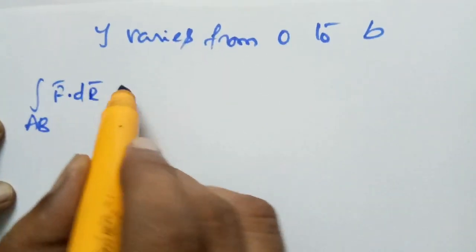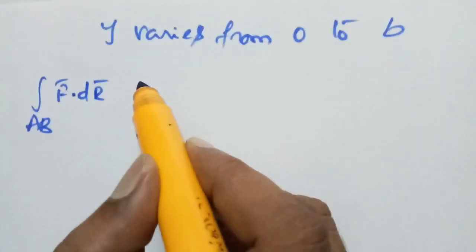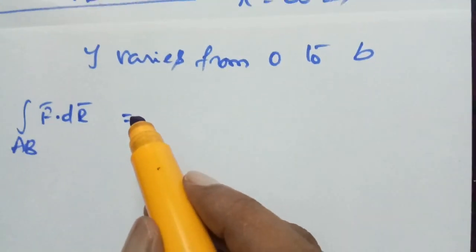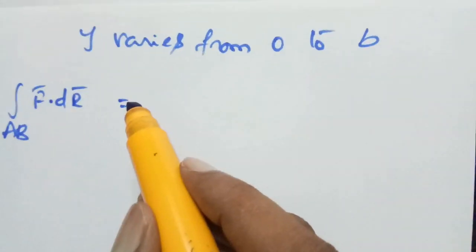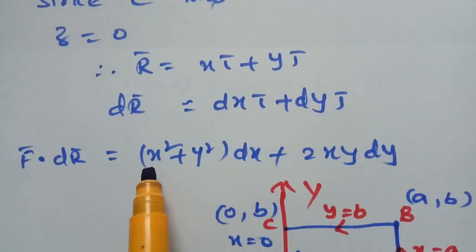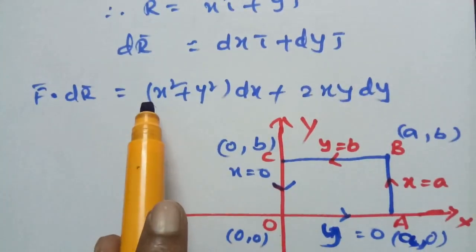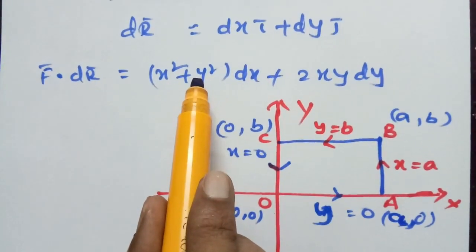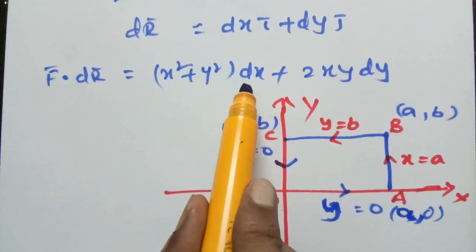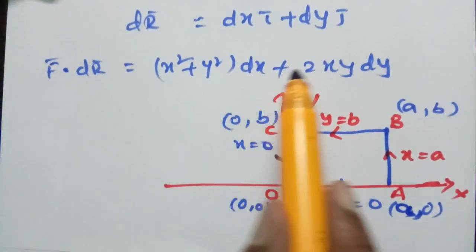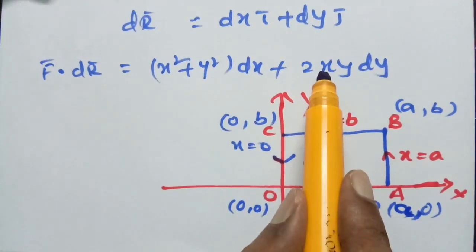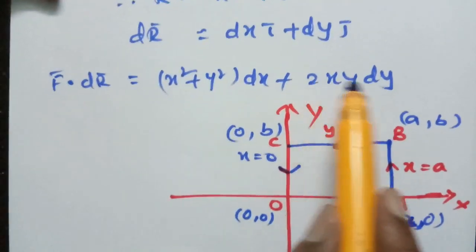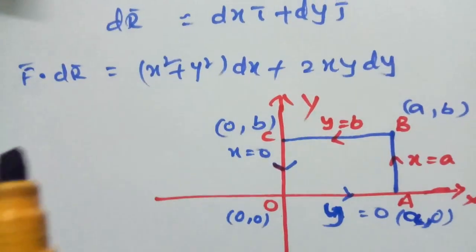here x is equal to a. So a square plus y square into dx, value 0. Therefore it becomes 0, plus 2 into x value a into y dy, that is 2ay dy.